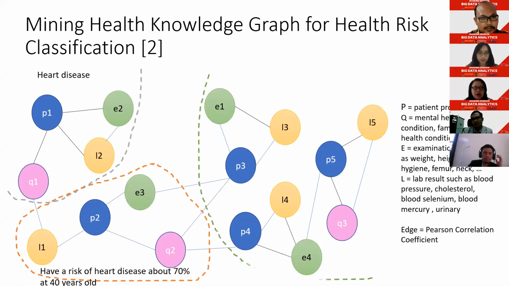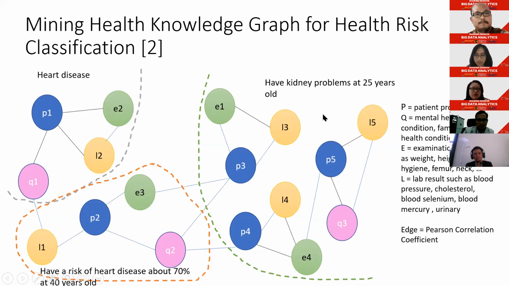Okay. The question is whether it can be used to identify the correlation between diseases. Actually, the information is attached on the edge. You can see that I give an explanation here that on the edge we can attach information about the Pearson correlation coefficient.